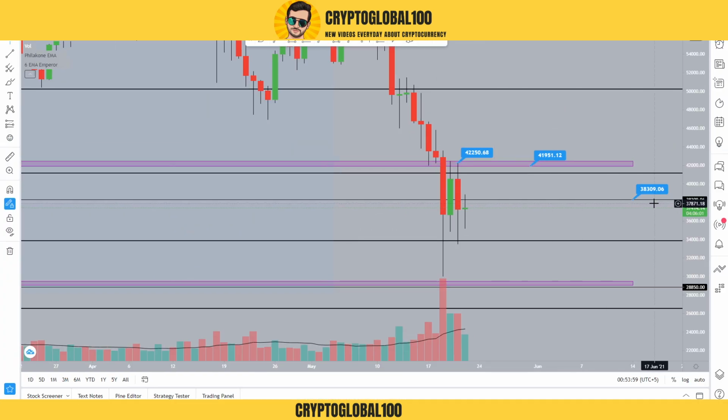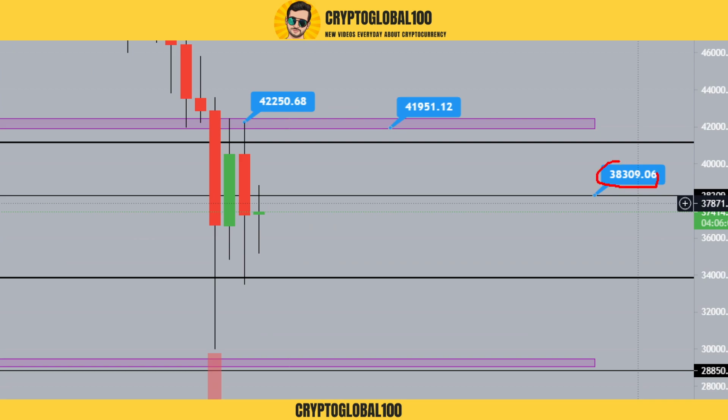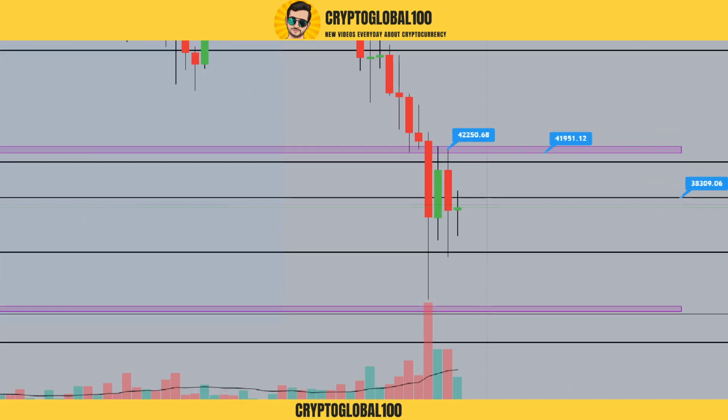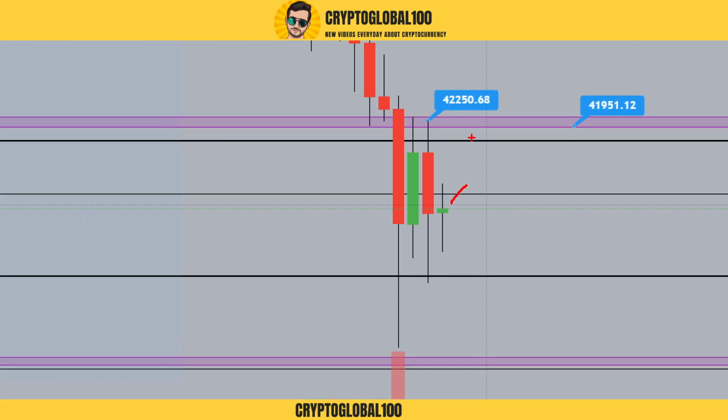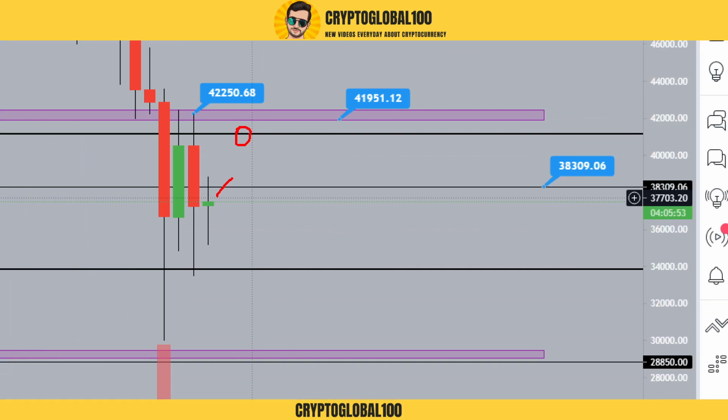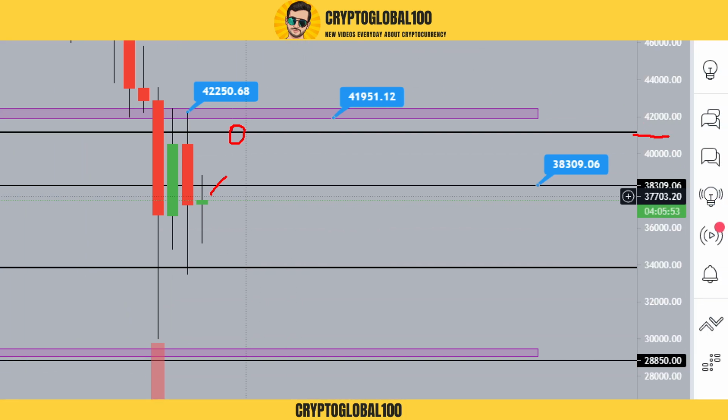This line, 38,309, is resistance right now. It is a zone of resistance. So if BTC crosses this, then the next target would be 41,000, 42,000.